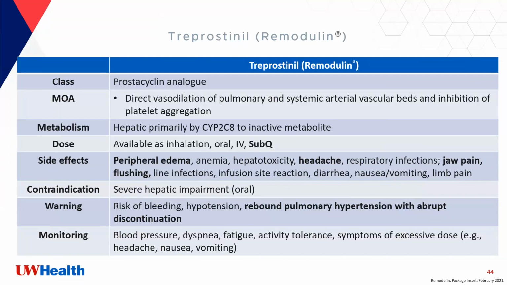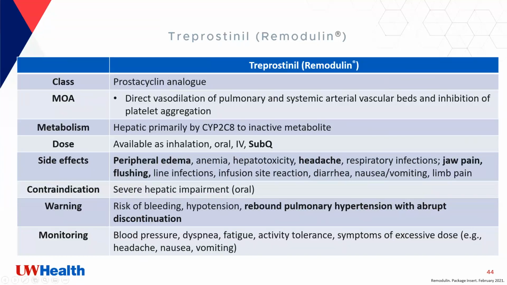Important to remember that these medications are continuous infusions, whether IV or sub-Q, and there are specific pumps that have to be obtained for patients for these therapies. It is important to remember that therapy should not be stopped abruptly, because this agent has a half-life of 4 hours. If the therapy is stopped abruptly, the patient can experience rebound pulmonary hypertension.